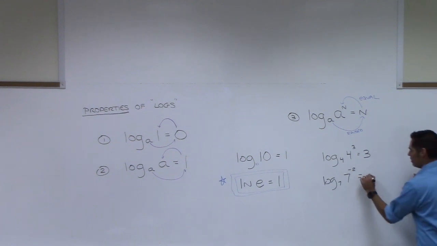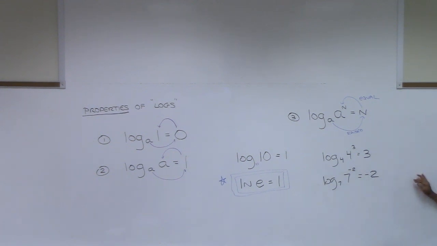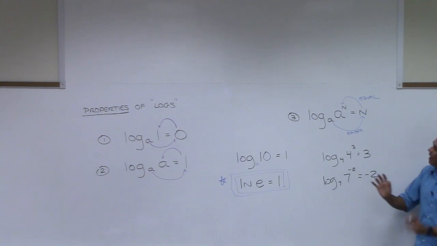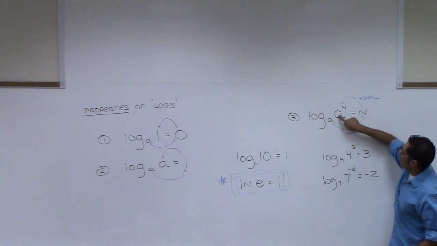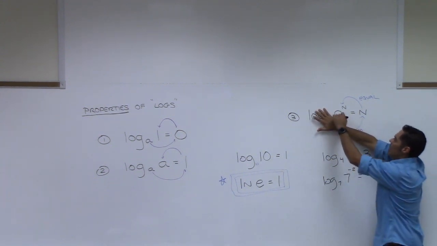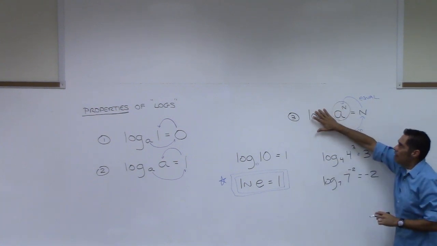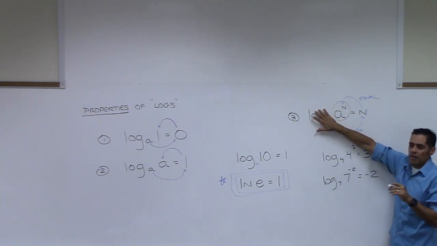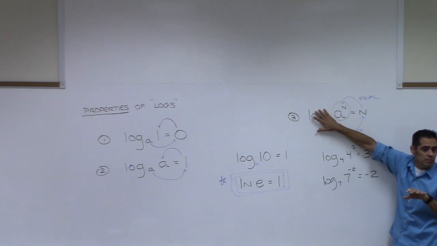Negative 2. Right? The way you want to look at this is that if you look at a to the n by itself, would you all agree that a to the n power is an exponential function?